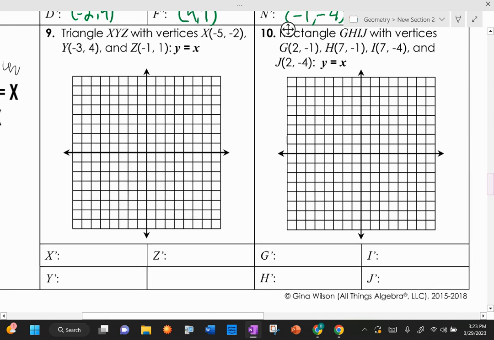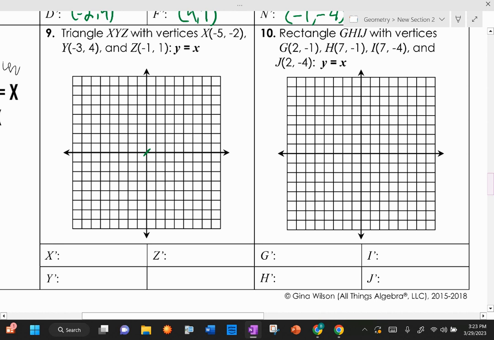Okay, number 9. What we're doing this time is flipping over the diagonal lines that I was talking about at the very beginning. So the first one is y equals x. The y equals x line of symmetry goes through the origin diagonally, and for whatever y equals, x equals.